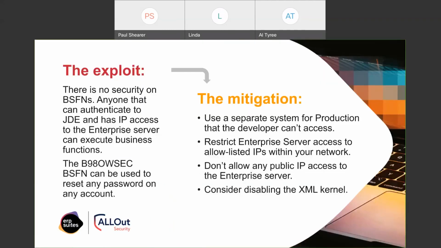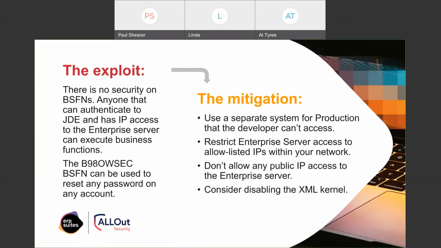For instance, we've talked about how you can use ALLOut security to really lock down that JD Edwards environment. But within the JD Edwards framework, there is no security on business functions. So anyone that can authenticate to JD Edwards and has the IP address of the enterprise server could actually execute business functions against it, regardless of that security model.